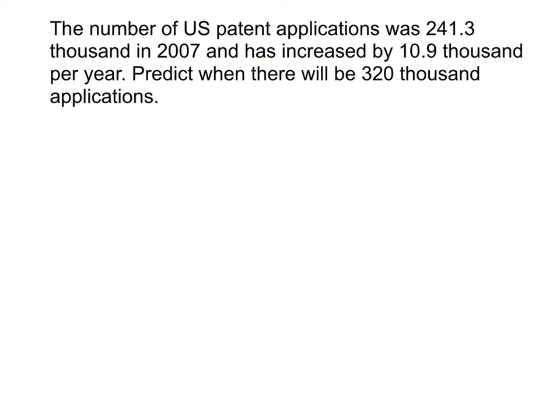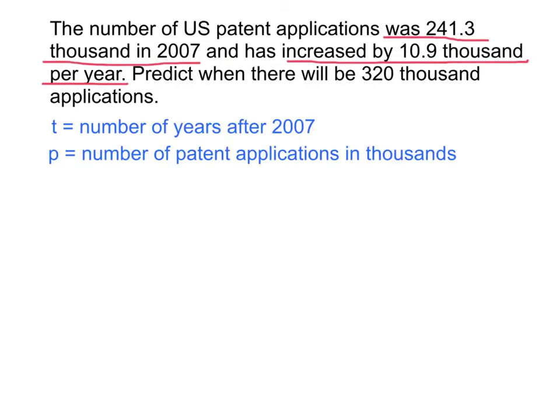In other words, in the year 2007, it tells us that there was 241.3 thousand in that year. Think of that as kind of your starting point or your initial amount. And then it says that it's increased by 10.9 thousand per year. Now, the fact that that's per year, that shows us that's a rate, or really the slope.